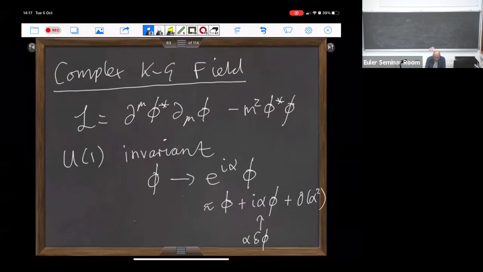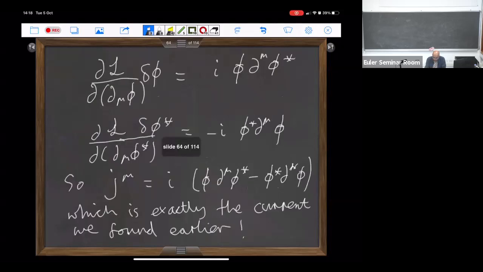And the coefficient of the first term is d mu phi star. Just remember that phi and phi star are independent variables. Now we have two fields as opposed to one in this system. So the coefficient of d mu phi is d mu phi star, and now we multiply by the variation of phi, dividing by the parameter, and that gives me I times phi.